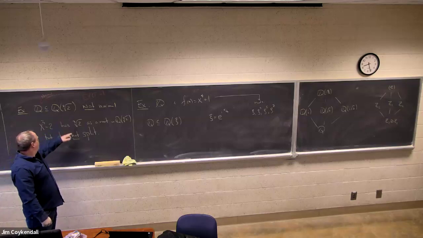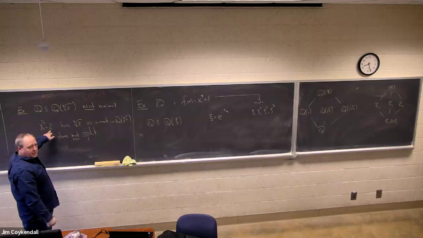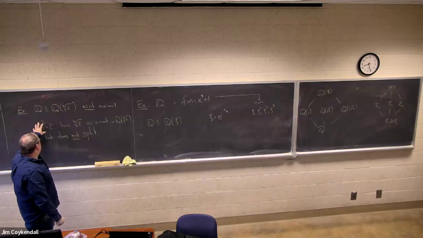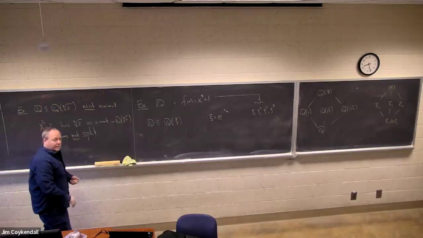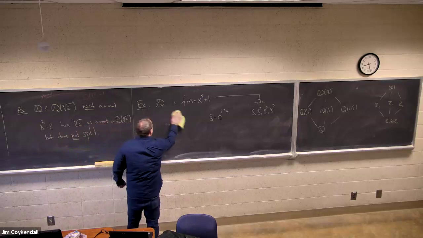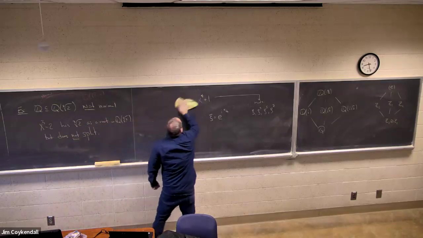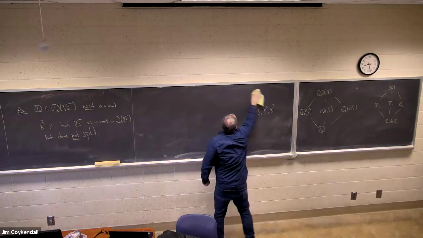Basically, how did I do that? I took this polynomial and chucked all the roots in. Now, what may not be clear is, okay, so now I've made it normal with respect to this polynomial. Actually, I've made it normal with respect to every polynomial, as a matter of fact. But we'll get to that.